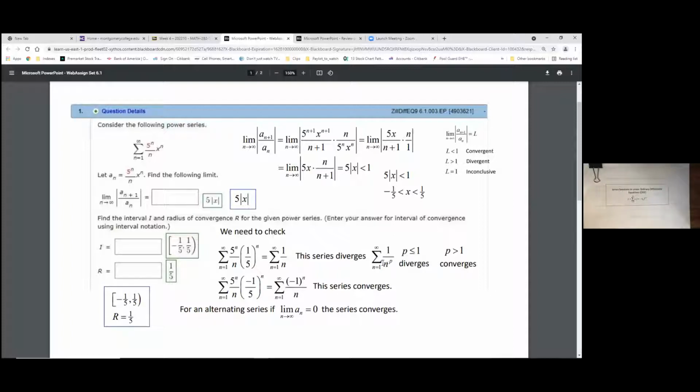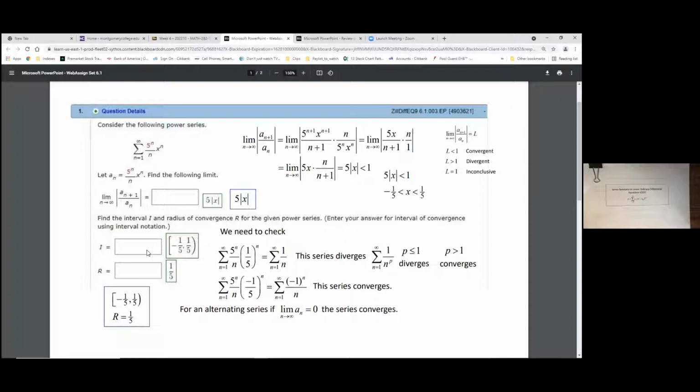The p-test tells us that if I have 1 over n to the p, it diverges if p is less than or equal to 1 and converges if p is greater than 1. So if this p was 1.2, this would converge. But the p here is just 1. So for 1/5, the series is going to diverge. So we can't include 1/5.